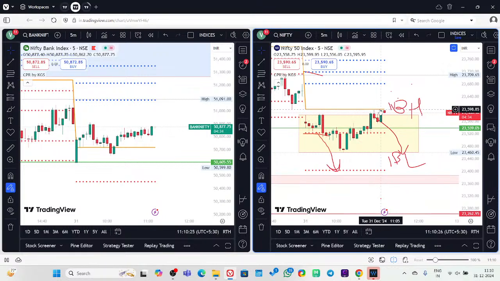Once it closes above the previous day low, then this strategy fails, until we can expect the price to reach this IBL low.